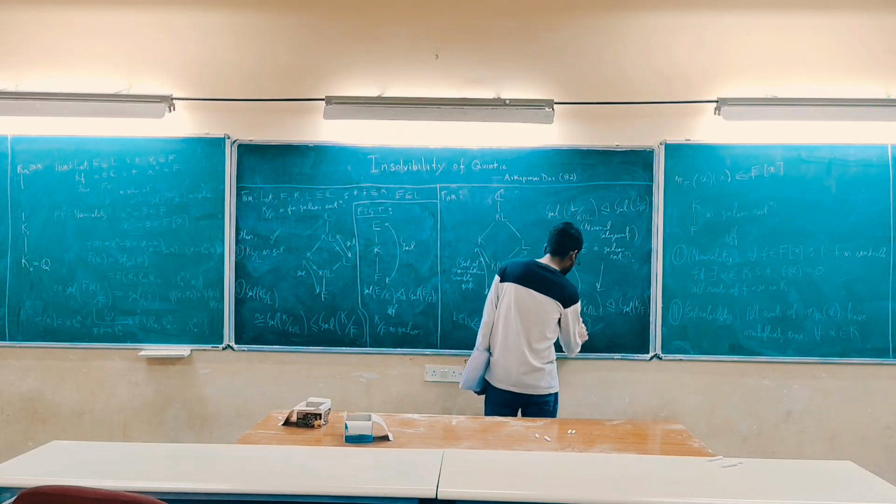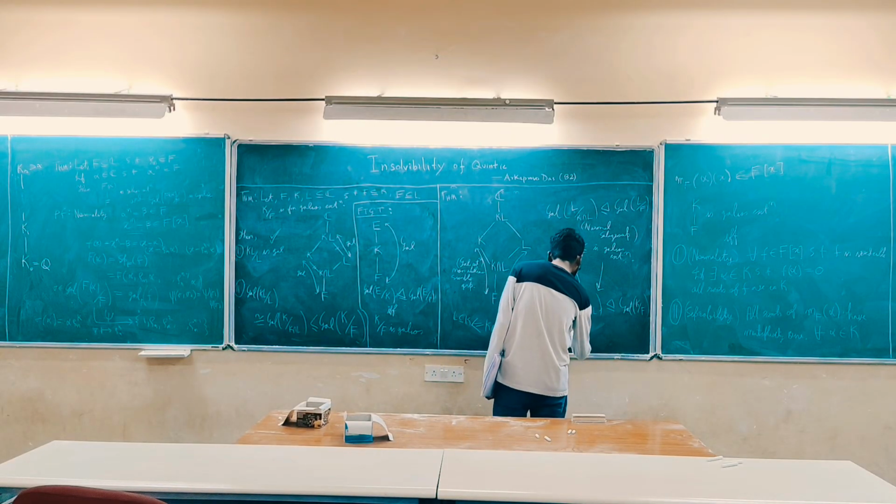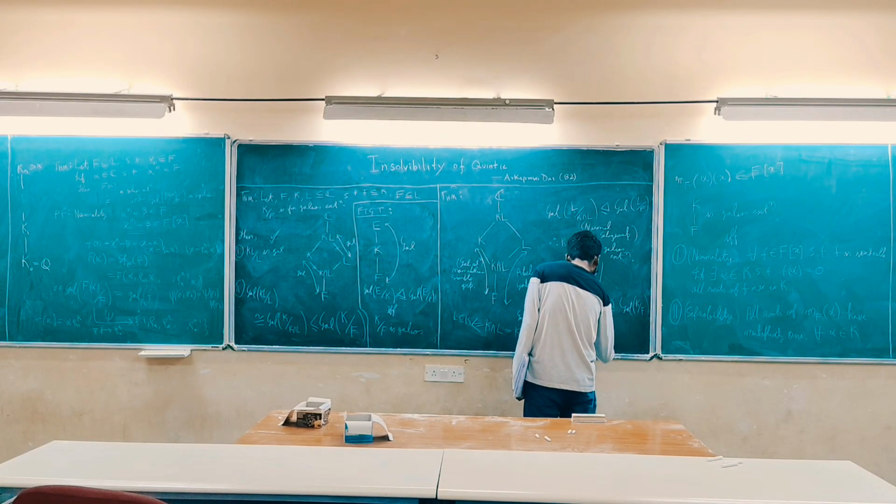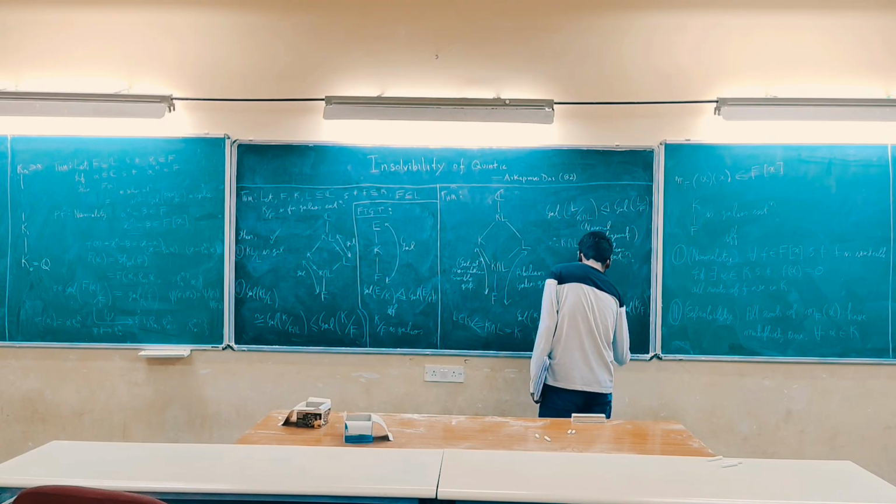The other possibility is that Galois K over K is the whole group.